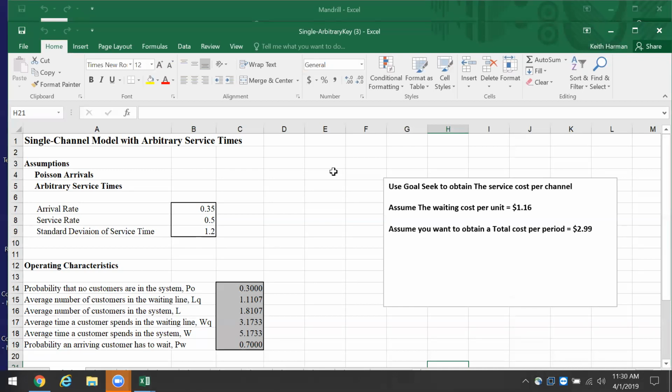It's not part of a branch banking facility. I just have an ATM. I have a single channel model. In other words, the queue, the line of people, the customers who come in, there's only one way in to do it.